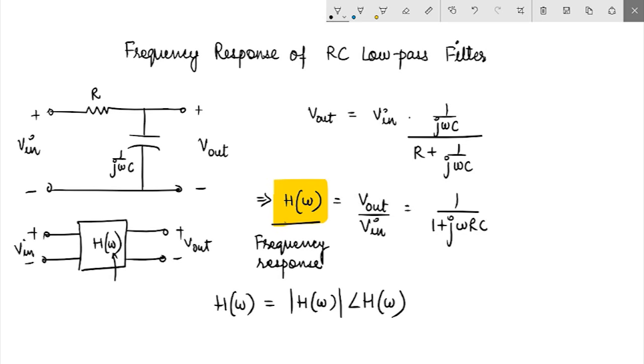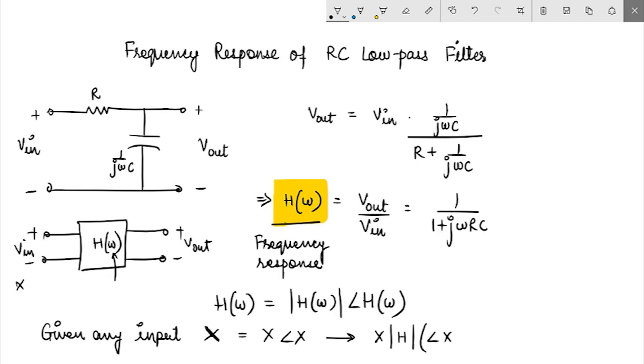That means given any input, say X, I'm defining X as a phasor, which is of the form X angle X. Now, it has a magnitude X and an angle X. If you give such an input to the system, the output would have its magnitude X modified by mod H, and the angle X would then be changed by angle H.